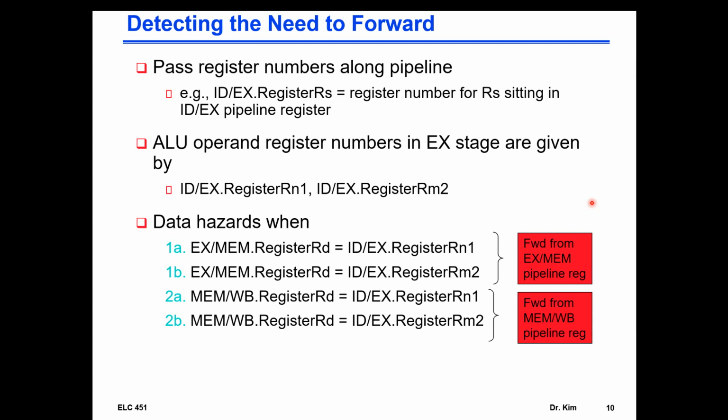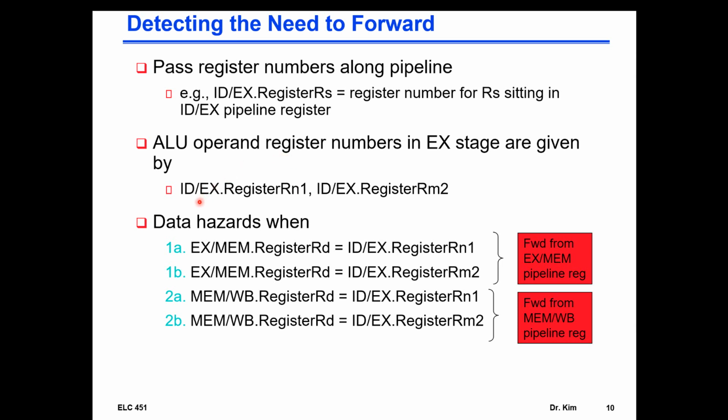And also, we need to detect them. And then we have these conditions by looking at the dependencies of the register fields that are present in the different stages.